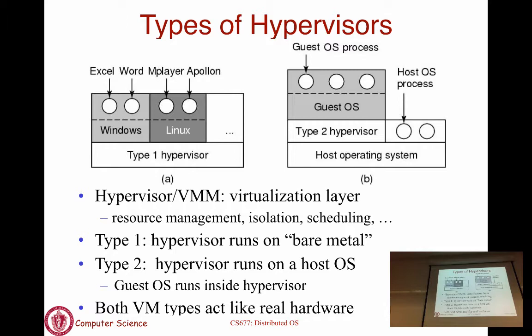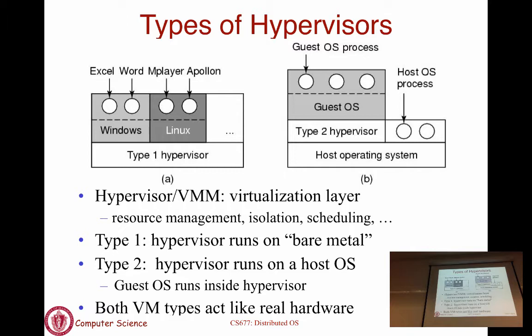Okay, so this picture shows two different types of hardware virtualization. One is called type 1 virtualization, the other is called type 2. In both of these mechanisms, there is a layer called the hypervisor. The hypervisor is also referred to as the virtual machine monitor, or the VMM in literature. The terms hypervisor and VMM are interchangeable.